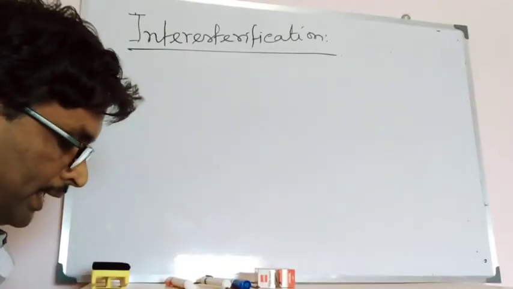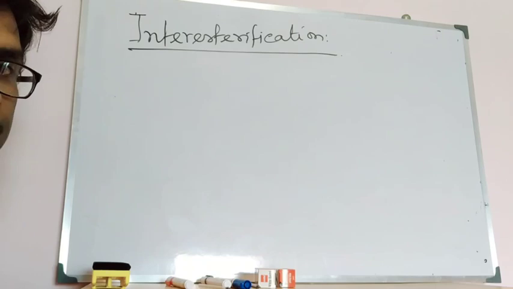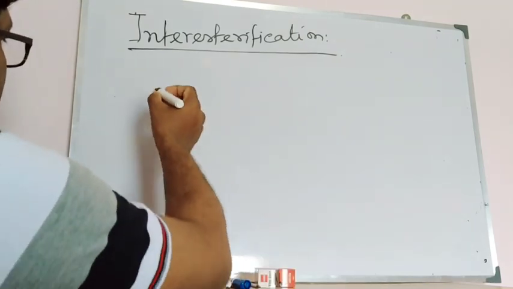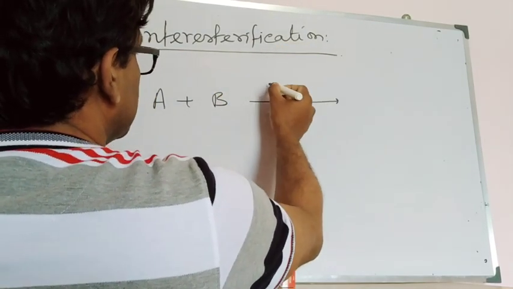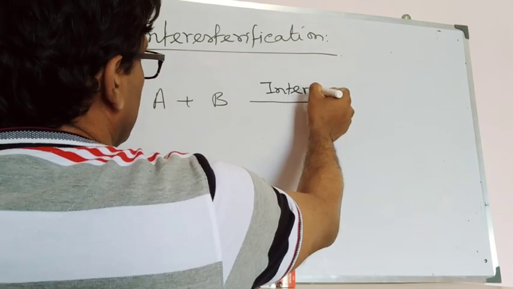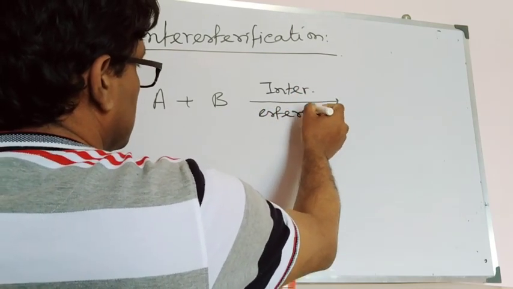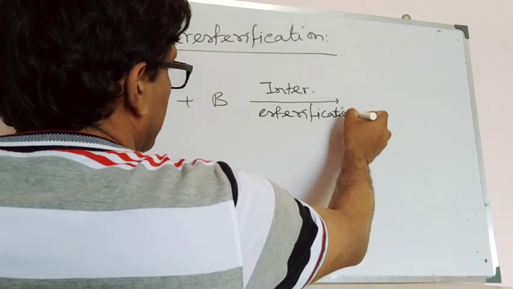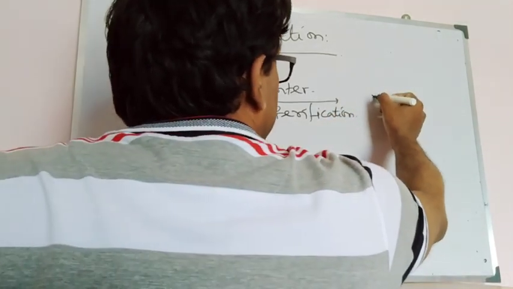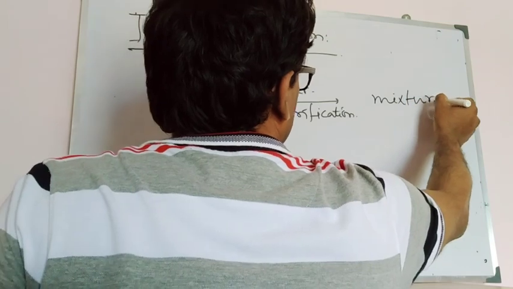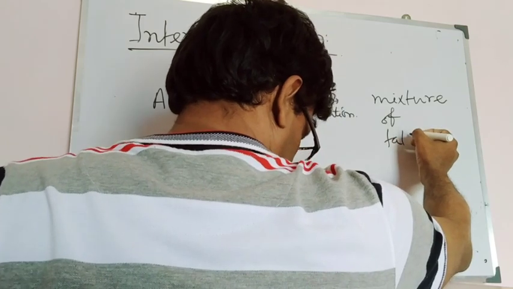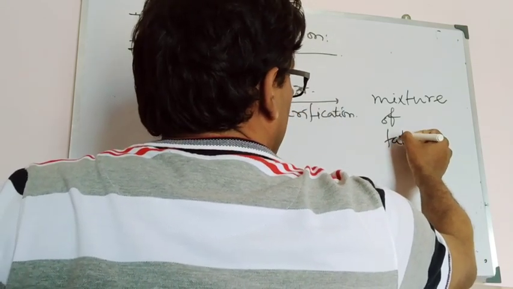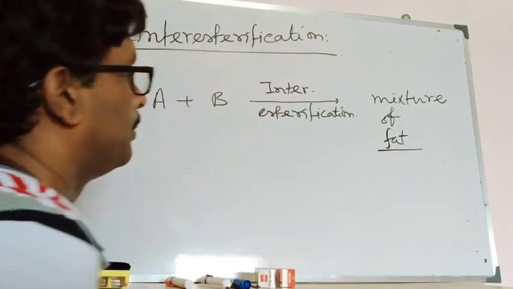Okay, so this is the process by which we can exchange the functions among the different triglycerides. So there are two triglycerides, A plus B. Now if we carry out this process, that is interesterification, then we get a mixture of fat or fatty acid.